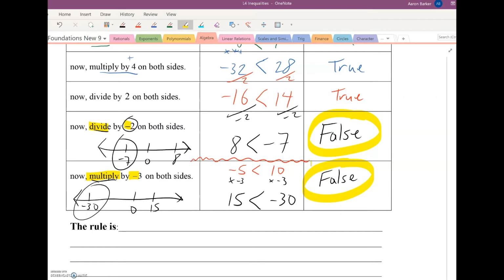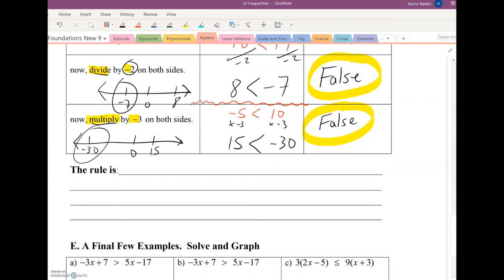So what could we do to fix it? What would have made those true statements? Well, if our sign was different. So what would be a rule that we could come up with?